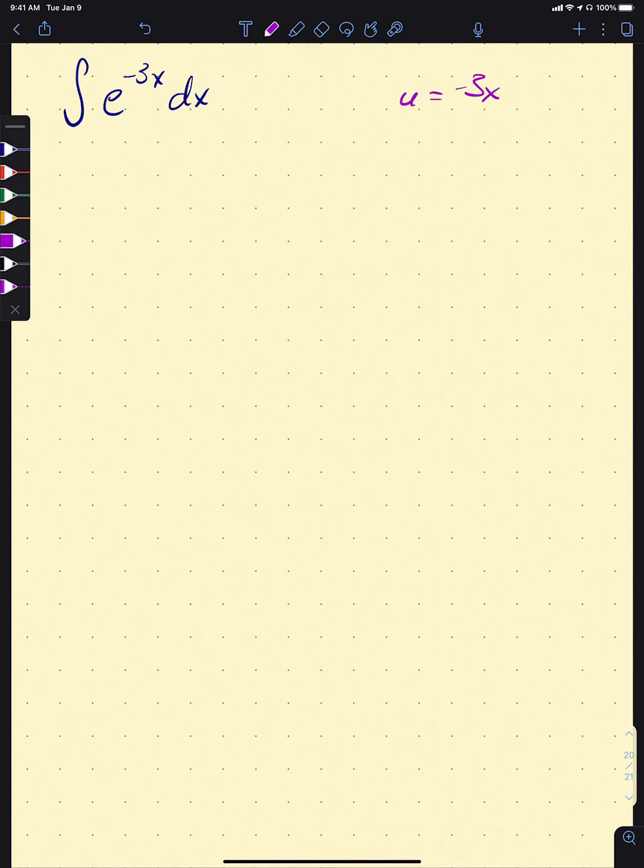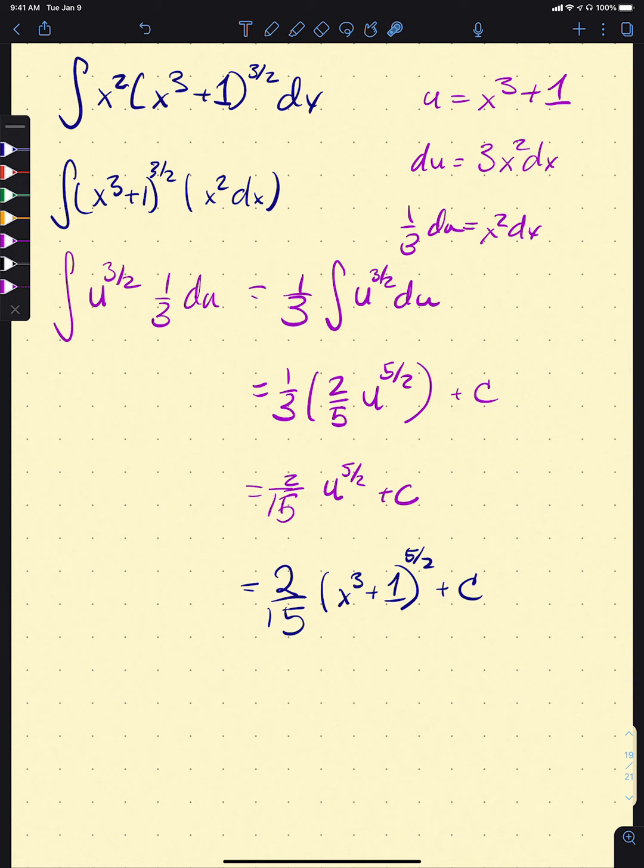That means that du equals minus 3 dx, or that dx is minus 1/3 du. And this is how I usually do it. As I said, there's a bunch of different ways to make this substitution work, and you should think about it the way that works best in your head.